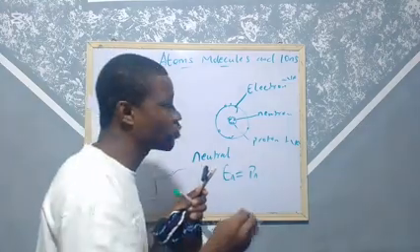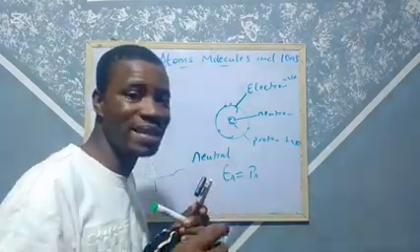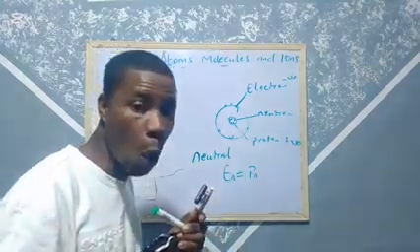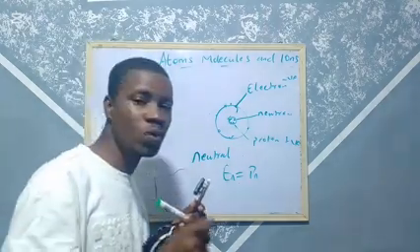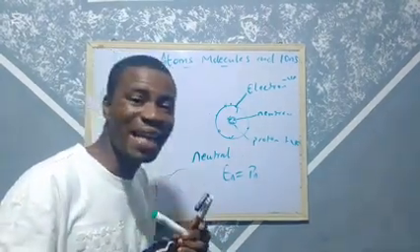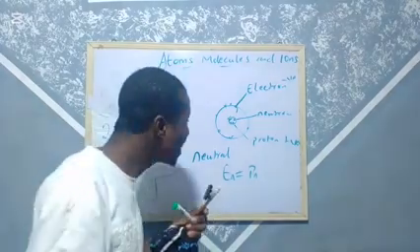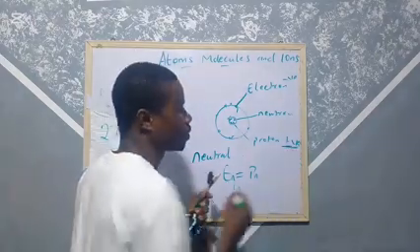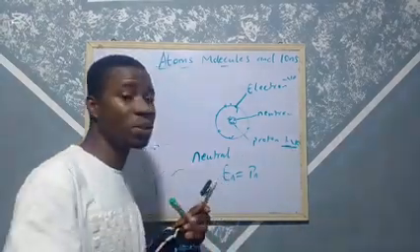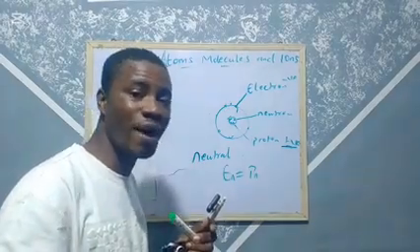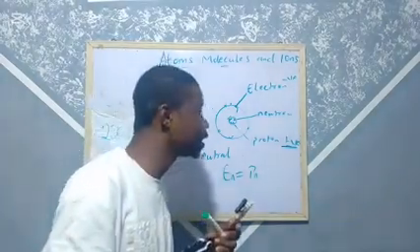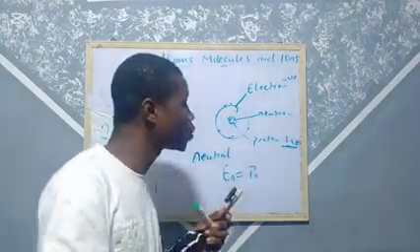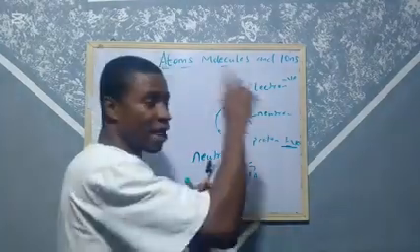So if an atom is neutral, it also means that there is a tendency that an atom can become negatively charged or positively charged. And when do we say that an atom is positively charged? An atom is positively charged when the number of protons, remember that proton is positively charged, exceeds the number of electrons.